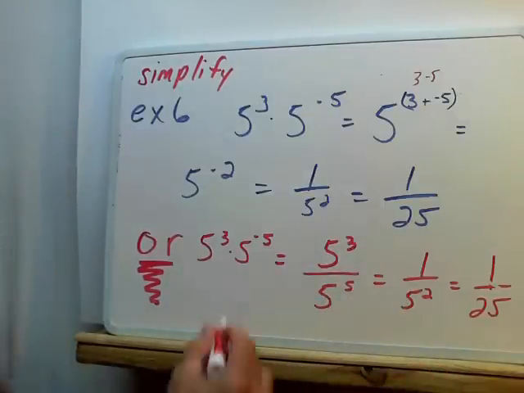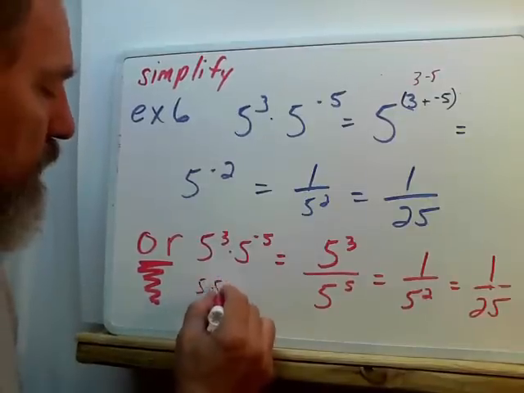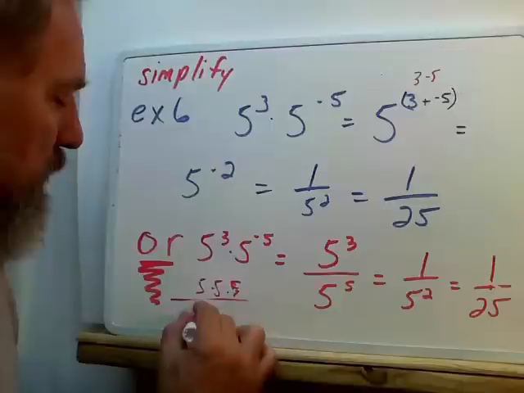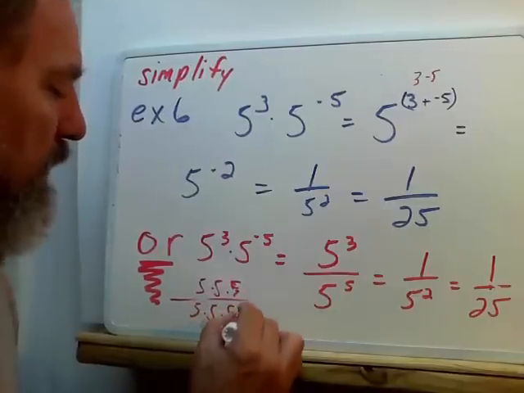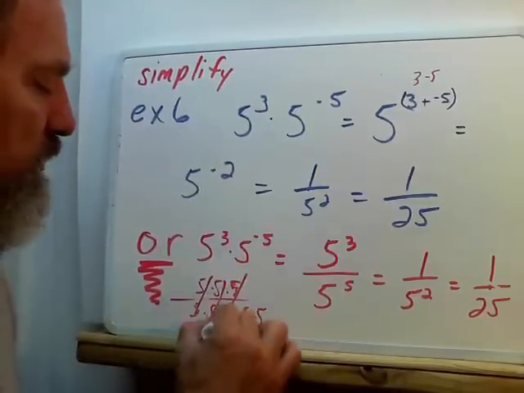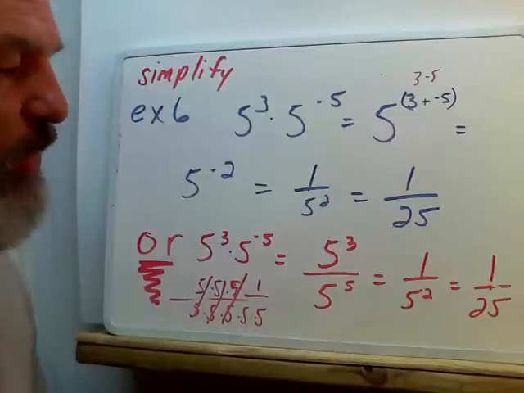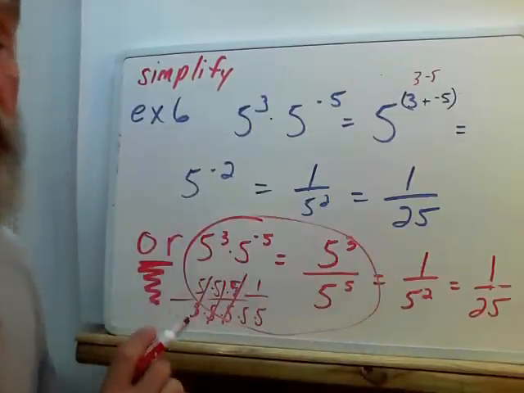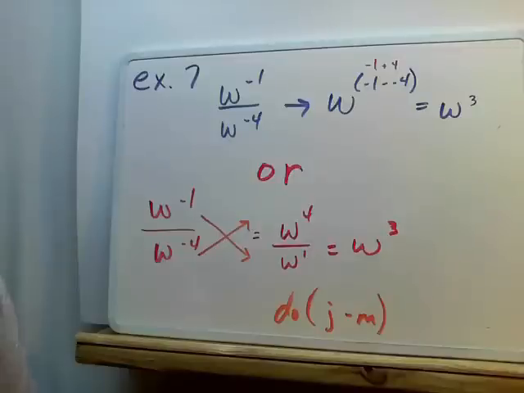If you need to see that, of course, we could do this. 1, 2, 3 over 1, 2, 3, 4, 5. And of course these three would cancel out. We'd have 1 over 5 squared, or 1 over 25. This is a really good way to learn to do these. It's really powerful.